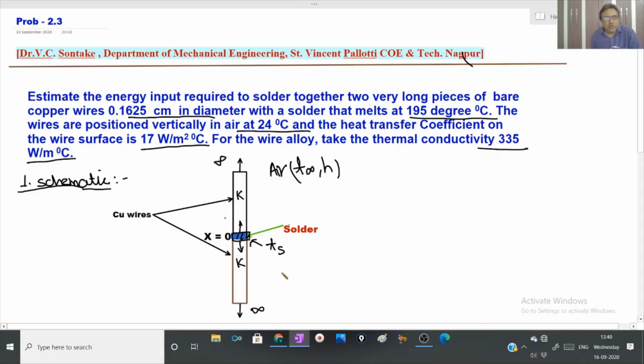So if we could calculate how much heat will be transferred by these two wires, treating them as fins of infinite length, that will be nothing but the heat required to join these two copper wires. So let us solve this.